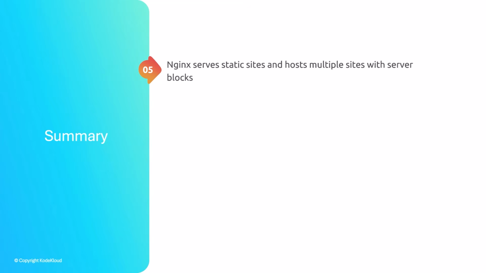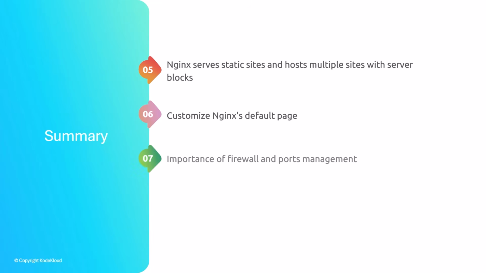If you don't pass a server name, Nginx will just pick up the first configuration available in alphabetical order. We learned how to customize an Nginx default page and how to create our own, right? Just that hello world. It's that simple. It's simple HTML tags. And we also went over the importance of a firewall and port management.